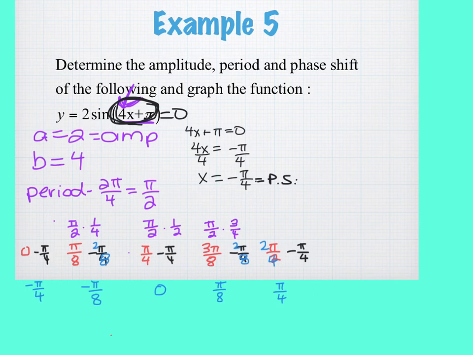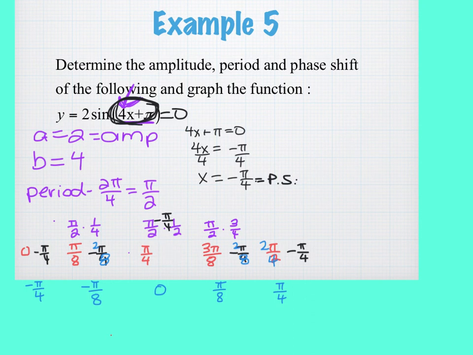Now those are your key points. So with a phase shift, you're still doing the 1/4, 1/2, 3/4, 0, and period on the front and the end. But then you have to add or subtract your phase shift. If it's negative, you're subtracting. If it's positive, you're adding. Now you have to plan this out because I know I'm going to have coordinate points to the left and the right of the 0.